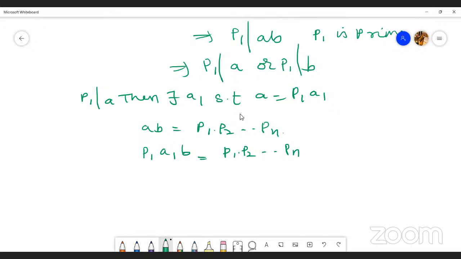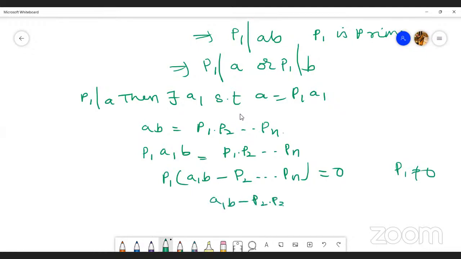So you have P1 A1 B equal to P1 into P2 into and so on, Pn. Now you have P1 into A1B minus P2 and so on, Pn is 0. Since P1 is not equal to 0, you will get A1B is equal to P2 into P3 into and so on, Pn.